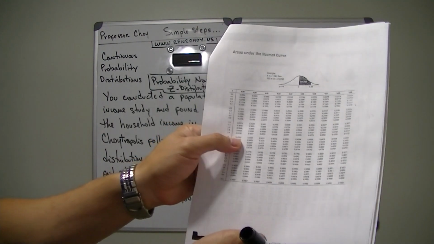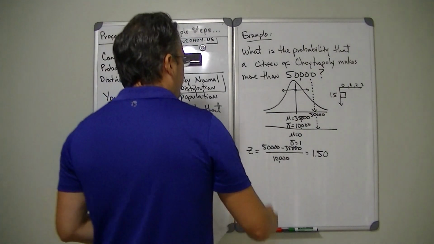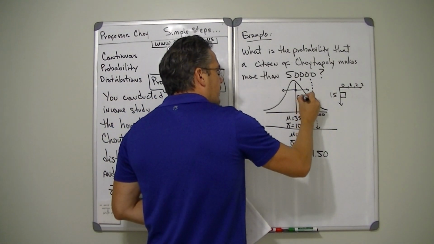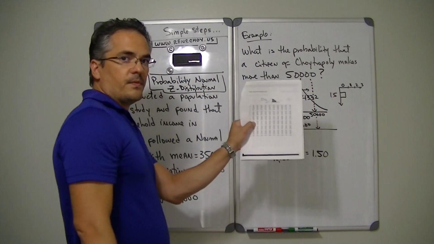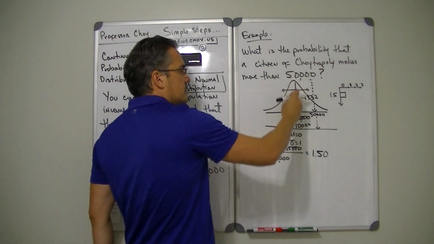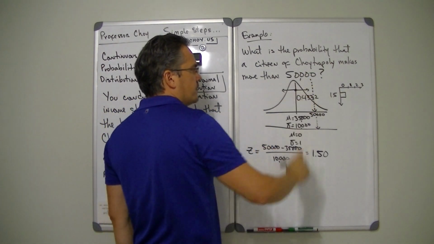So the answer is 0.4332. So the probability between the center and that number is 0.4332.